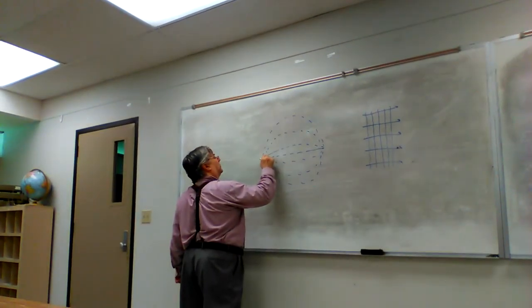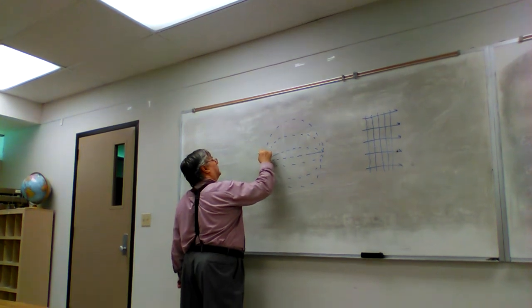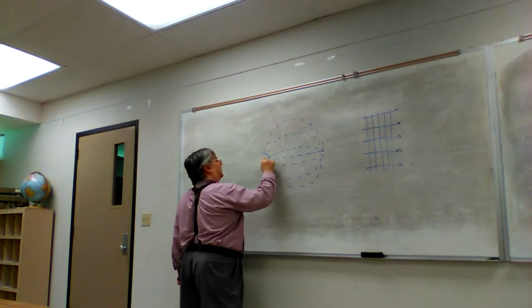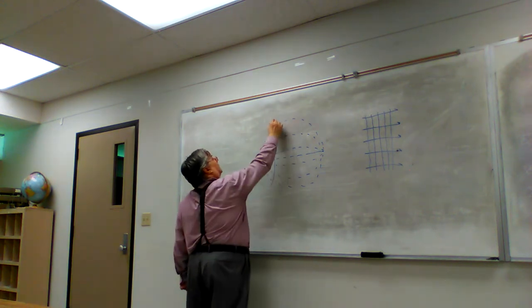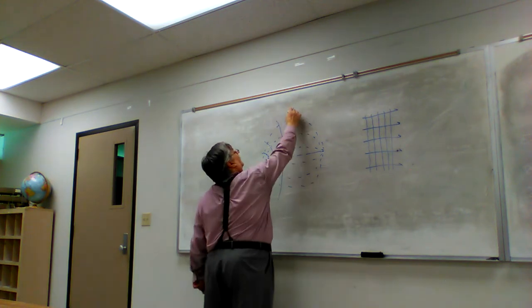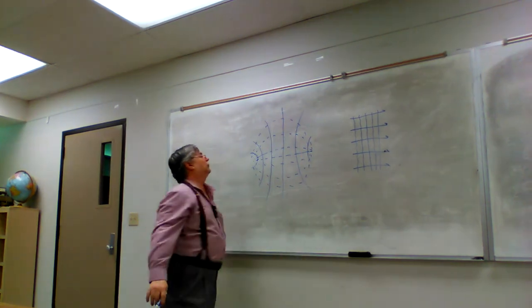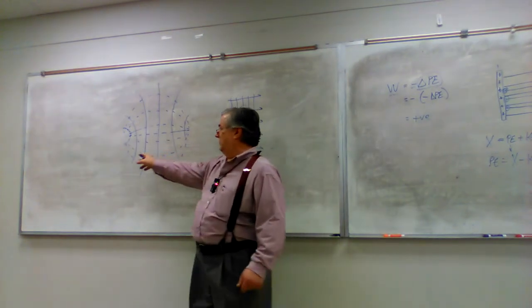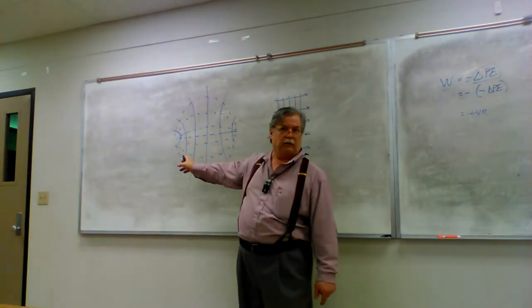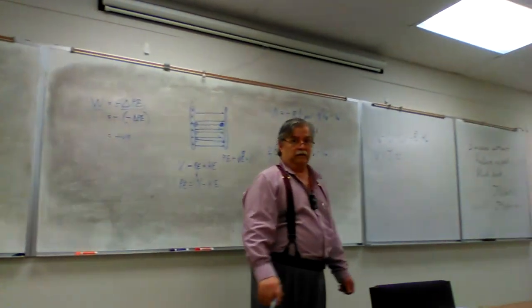You're going to find out that, okay, well here, and here, and here, and here, my potentials are all the same. And then you plot them out this way. And you do the same thing here, and the same thing here, and you plot one right down the middle. And you will find out, hopefully tomorrow in lab, that you get these equipotential lines that are everywhere perpendicular to the E field that you've spent a week calculating.